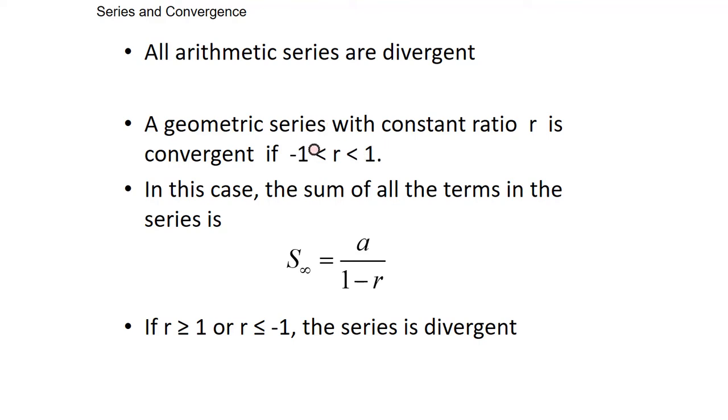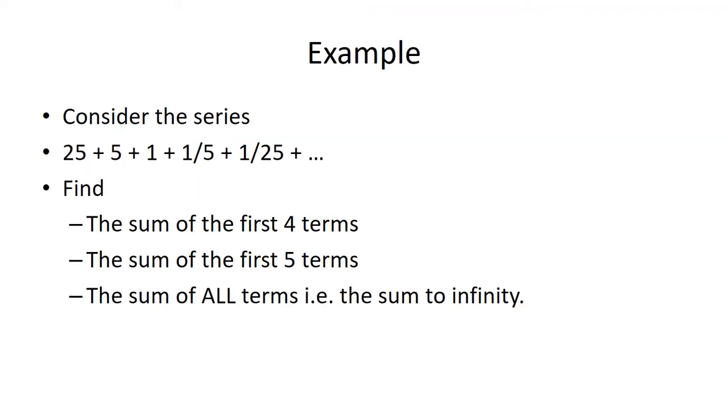If each term is smaller, as in closer to 0, than the term before, then a geometric series will converge, and it'll converge to this number, a over 1 minus r. However, if your common ratio is greater than or equal to 1, or less than or equal to -1, it's a divergent series.